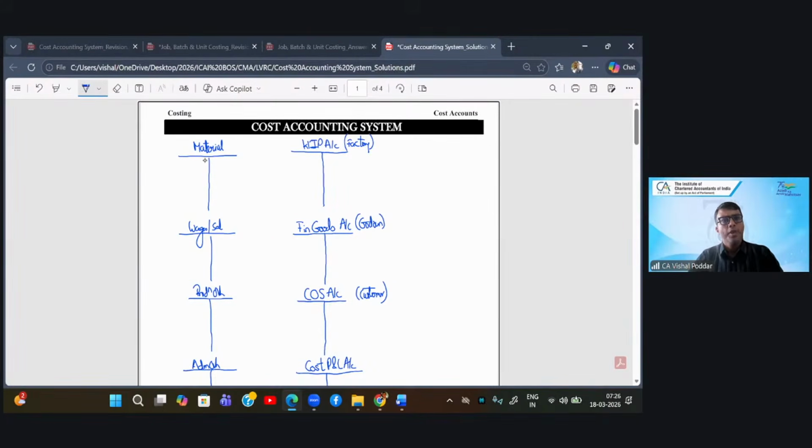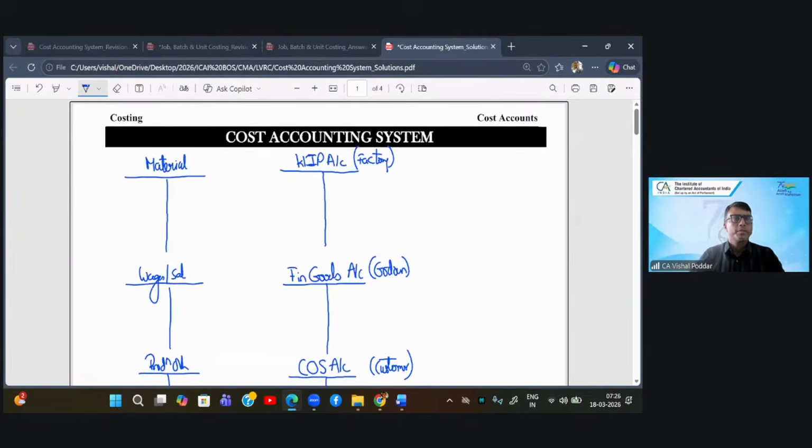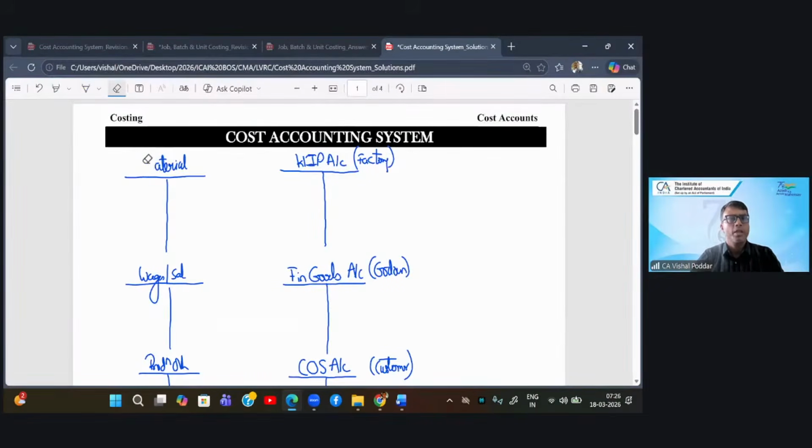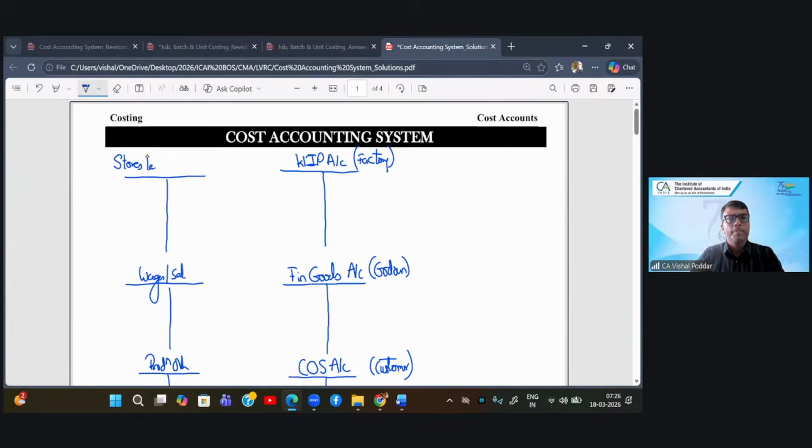Now, when you're doing cost accounting, you have the same expenses, but with slightly different or technical names. So this expense, which you call as material, right? Just keep in mind this is material, but it is called as stores ledger control account, in short SLC.